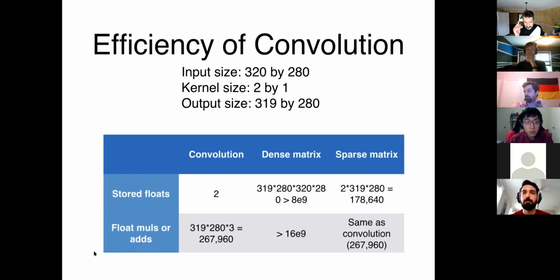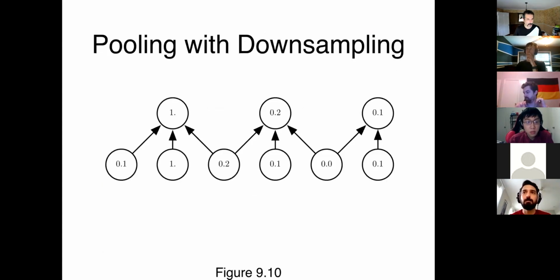Pooling also has other properties, and that's why we want to have it. It has a downsampling effect. So, for example, depending on how we move this kernel in the input map, in this case, this is your input, and you have a kernel of size 3. Basically these 3 are different weights that are associated with this kernel.